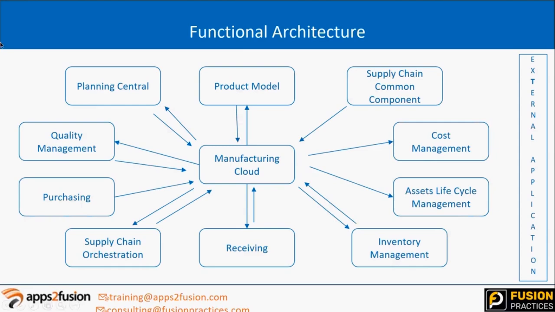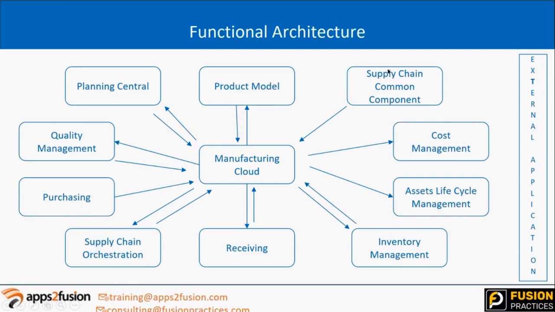When planning recommends orders, it recommends through this product called supply chain orchestration. So the plan is run where the output is to create a supply order. This order comes into supply chain orchestration. Supply chain orchestration sends the request to manufacturing. We have that in the slide after this. So there is a communication between the supply chain common component and planning central.